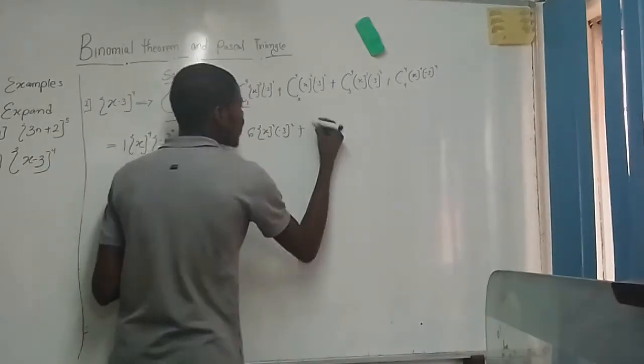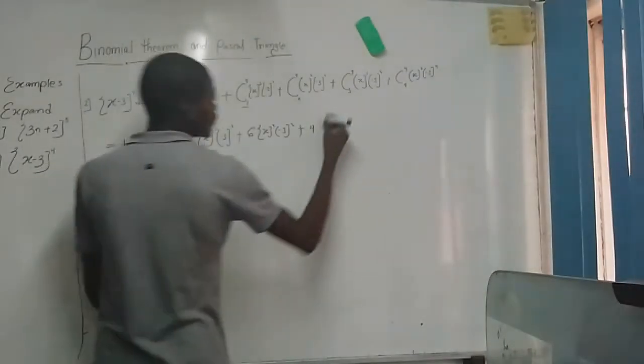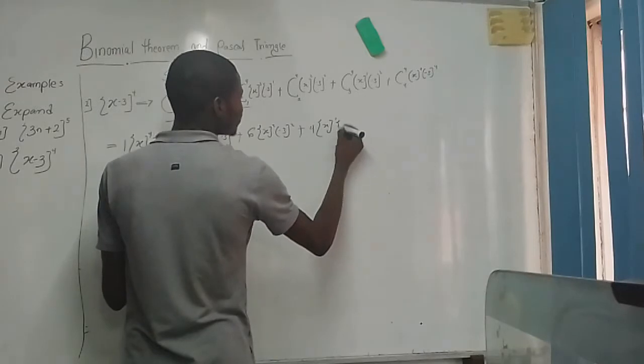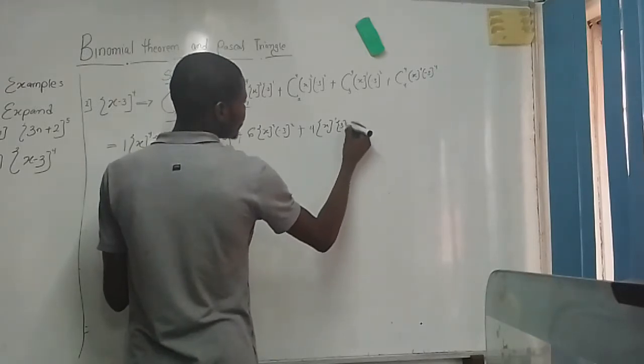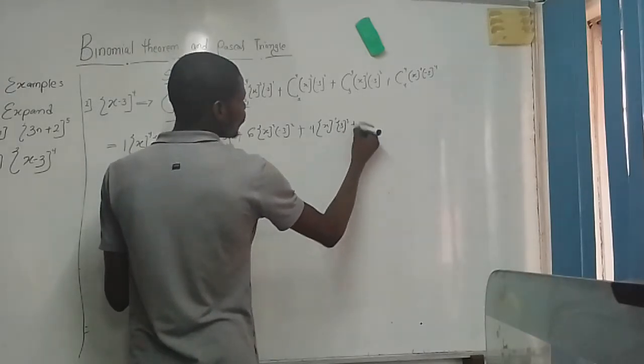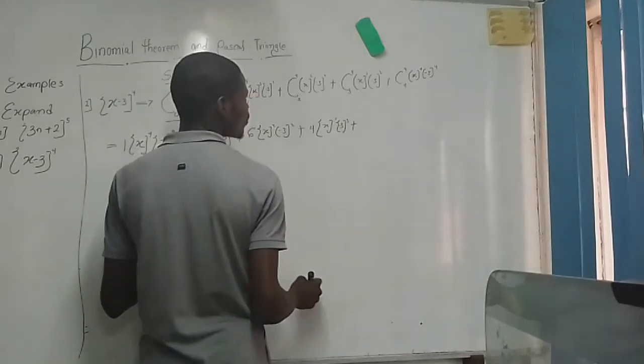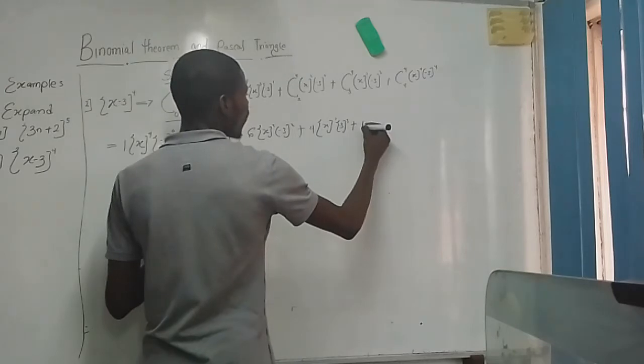So you are going to have 4 times x raised to power 1 times 3 minus 3 raised to power 3 plus 4 factorial, we cancel 4 factorial. So you are going to have 1.